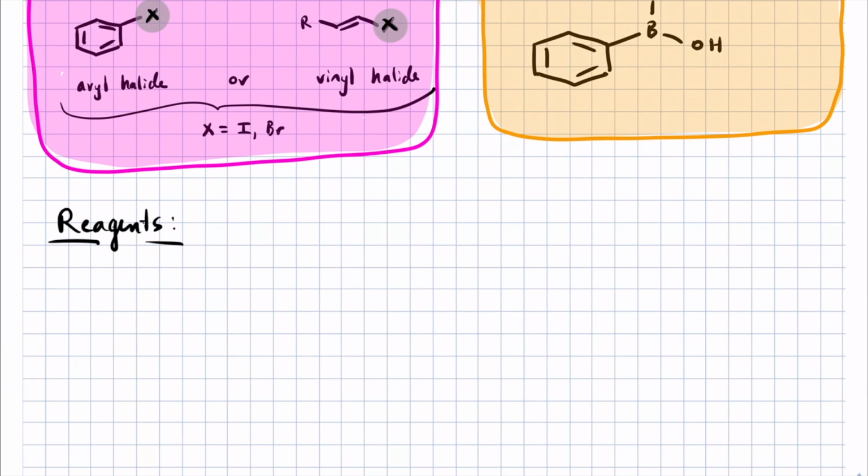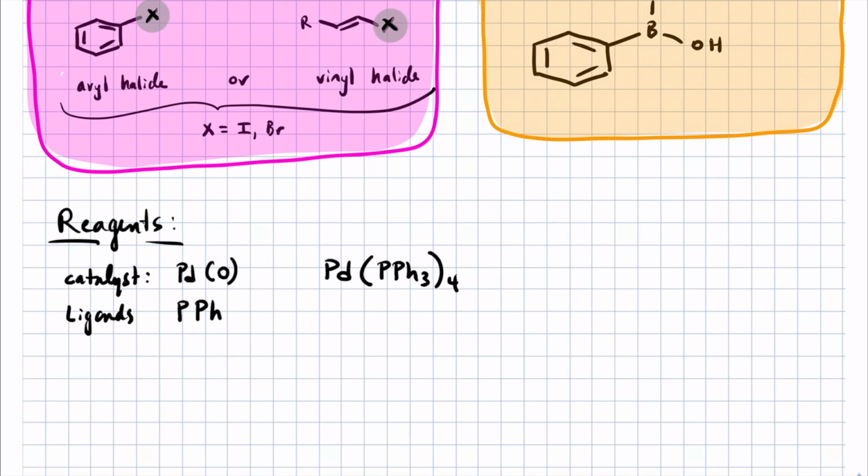The reagents are a catalyst, which I just said was palladium in its 0 oxidation state, neutral. You can buy this already bound by 4 triphenylphosphine ligands. So we would call this palladium tetrakis triphenylphosphine. That can be kind of fun to say.